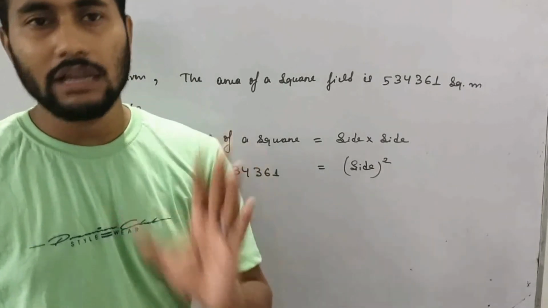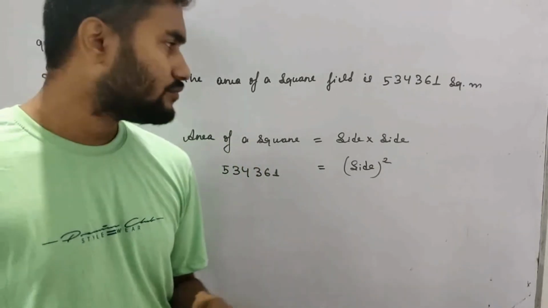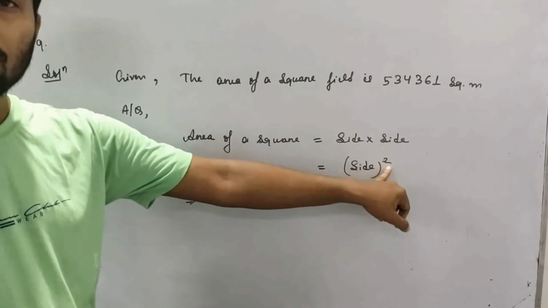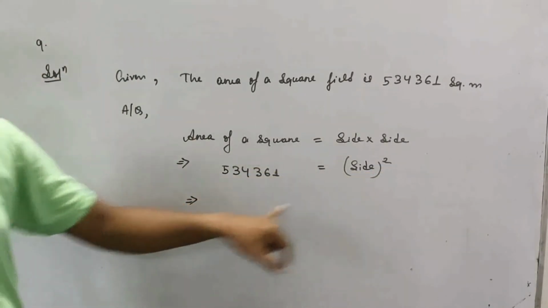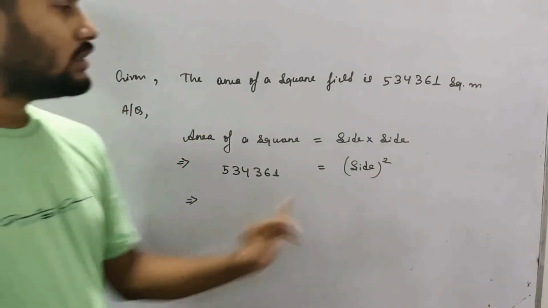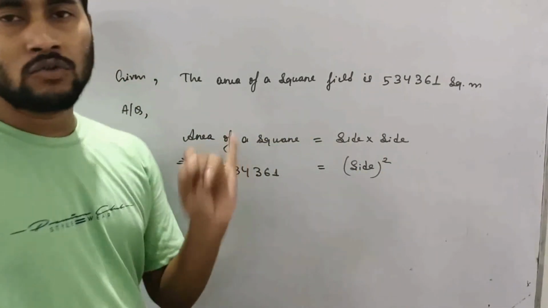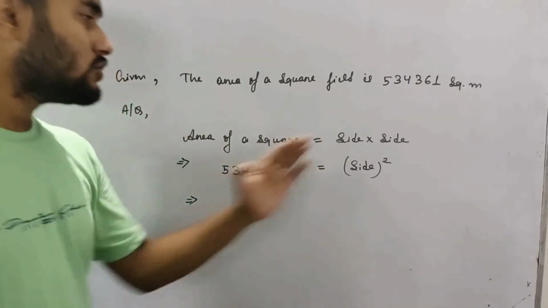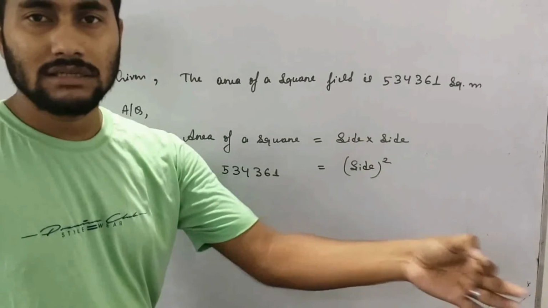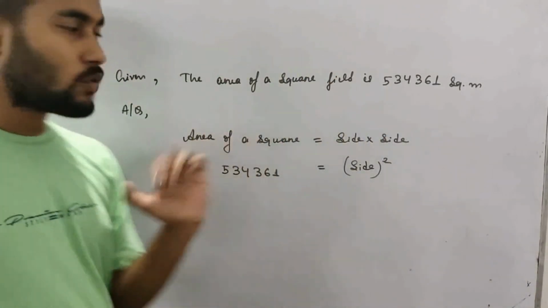In class 7, in linear equations, we have done this, isn't it? Remember, once this square comes from this side to this side, it becomes square root, and similarly square root becomes square.